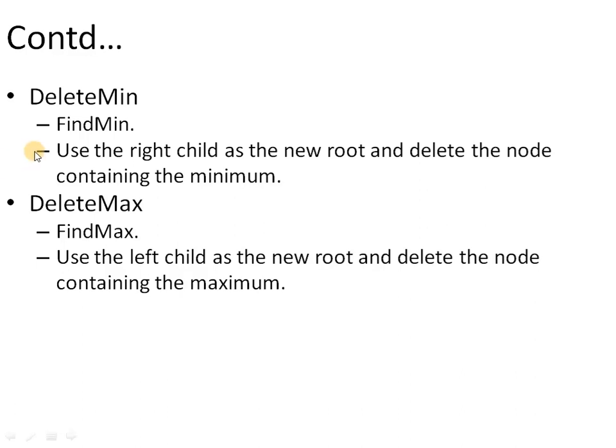So the moment I perform the find min operation, the minimum value will become the root of the tree, and then we have to make the right child of the old root the new root of the tree, and then we have to delete the old root, because find min operation will shift the minimum node at the root. Therefore, the left subtree of the root must be empty.